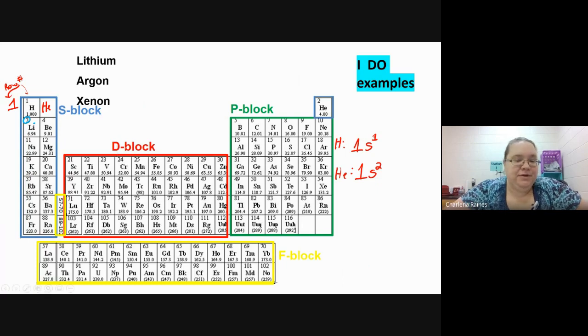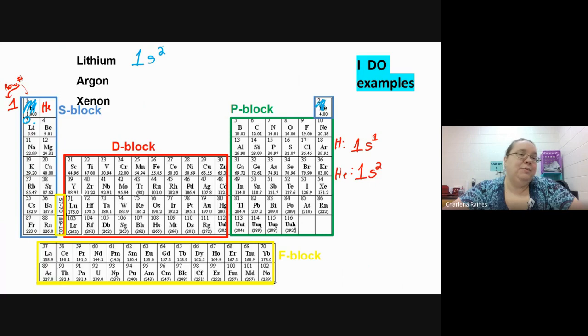If I treat the periodic table kind of like a cloud and I color in each of the elements as I fill in the cloud, it will guide me through it. So we always have to, according to Aufbau, start on the first energy level. My first energy level will always have an S sublevel. In that first row of the periodic table, if I were to color in my elements, I would see that there are 2 elements for me to color in.